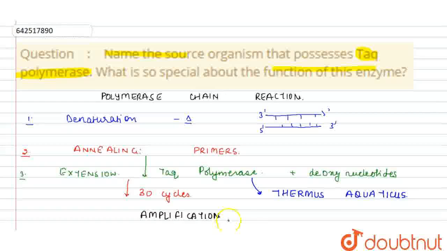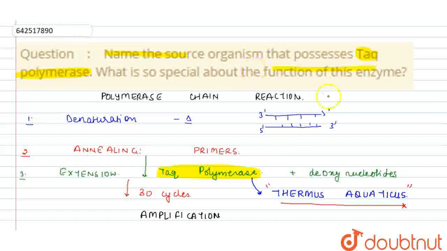Denaturation of the enzyme will occur. So to prevent that from happening, we use Thermus aquaticus Taq polymerase. Why? Because this bacteria possesses an enzyme, the Taq polymerase, which can withstand even higher temperatures. This enzyme will not undergo denaturation even at a higher temperature.